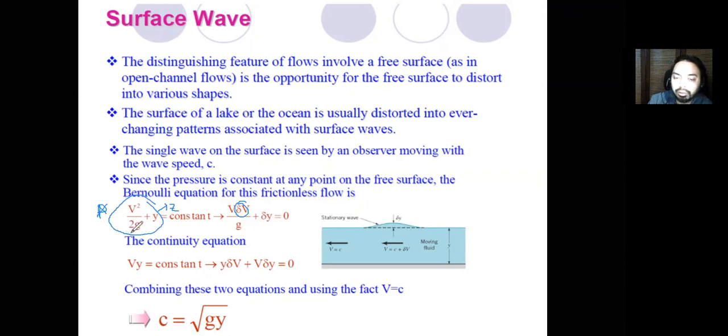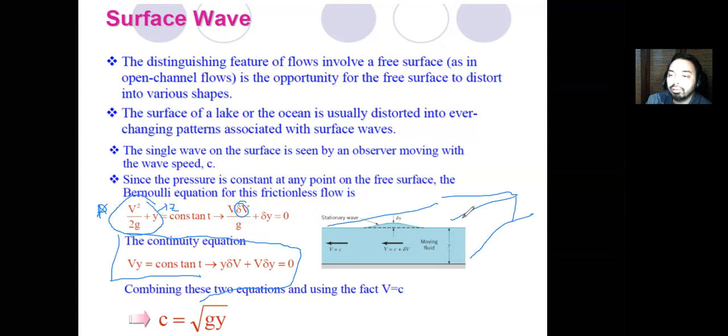While for the continuity equation, area times velocity remains the same, or y times v is the velocity times, since the area is shaped like this, the width remains the same. So the only difference is this y over here. So y times v actually comes from y times v times, let's say, the width.